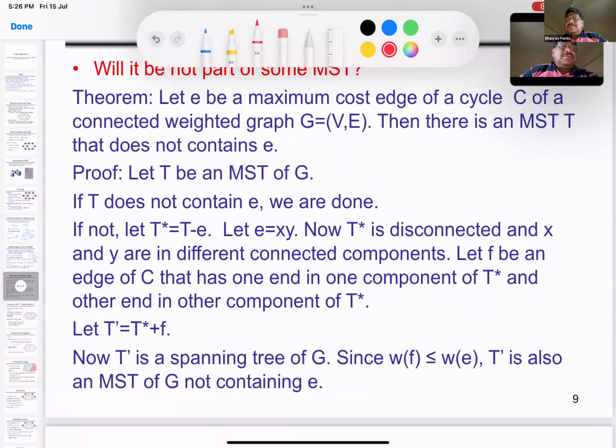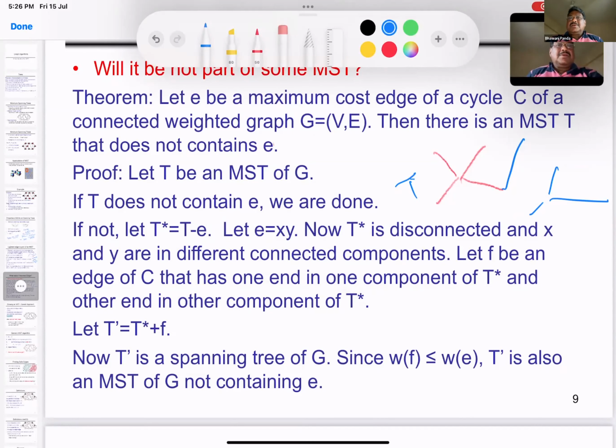If not, you remove the edge E from T. So suppose this was my tree T, and this is my edge E. I have to produce an MST which doesn't contain this edge, so you just remove this edge.